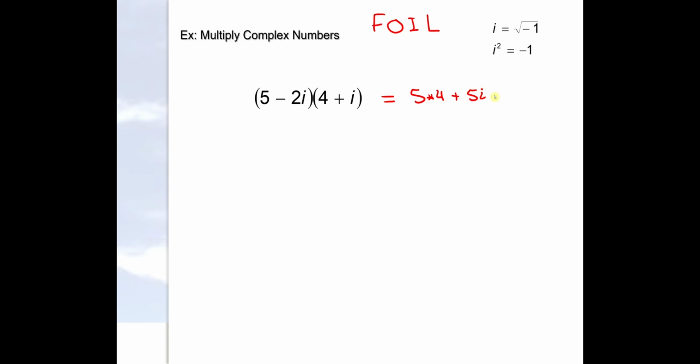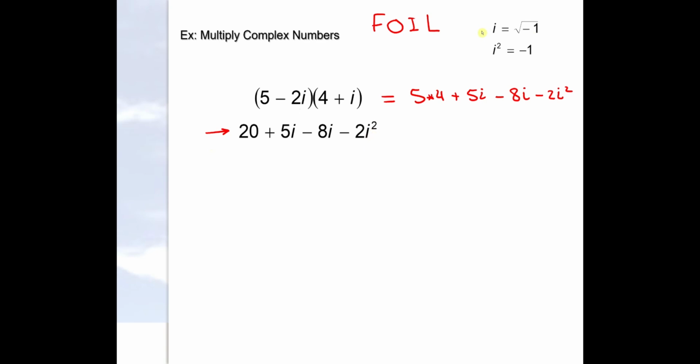When I do the inner, I get -8j, because 4 times 2 gives me an 8, and here I have a negative number. And when I do the last, I have -2j times j, which gives me -2j squared.